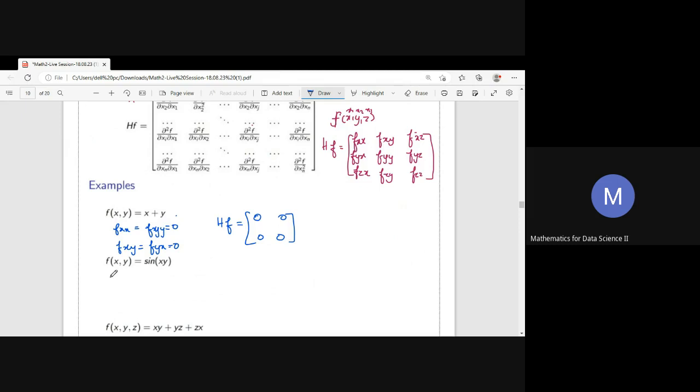And for this one, I guess the expression was a little bigger, if I remember. Please go back and look at the expression. I guess I have written it down here.